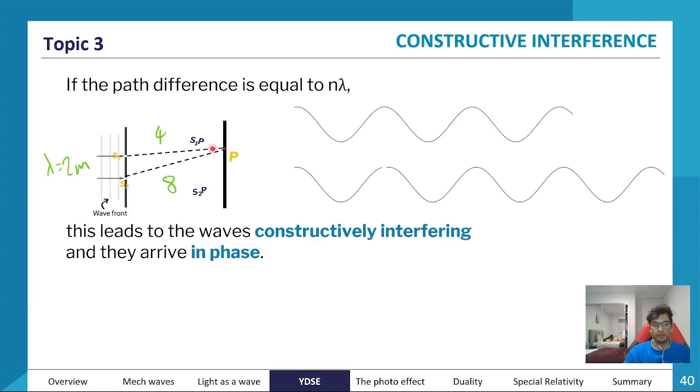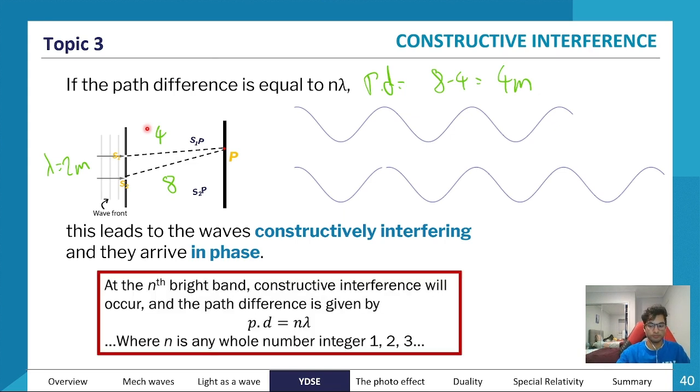The path difference, so how much extra did wave 2 have to travel, is given by 8 minus 4, which is just 4 meters. So S2 had to travel an extra 4 meters.